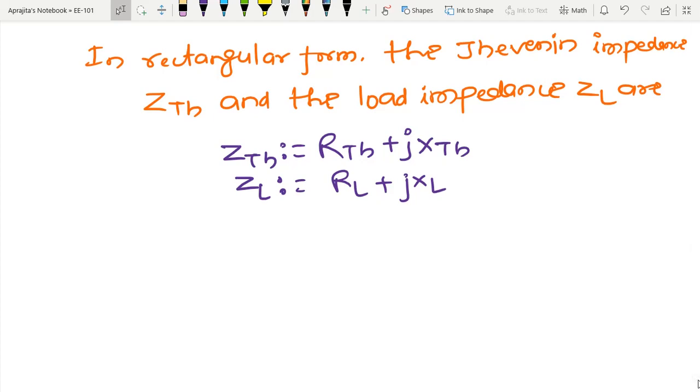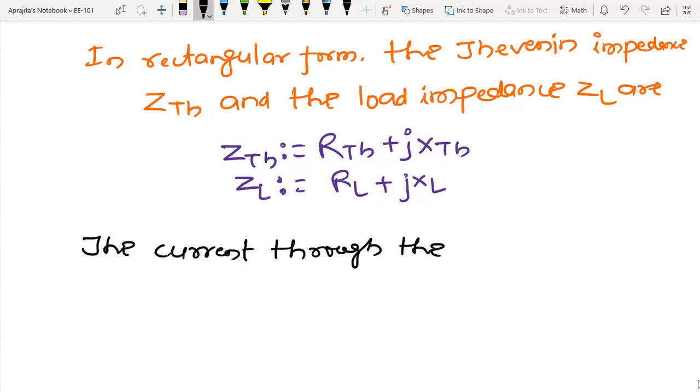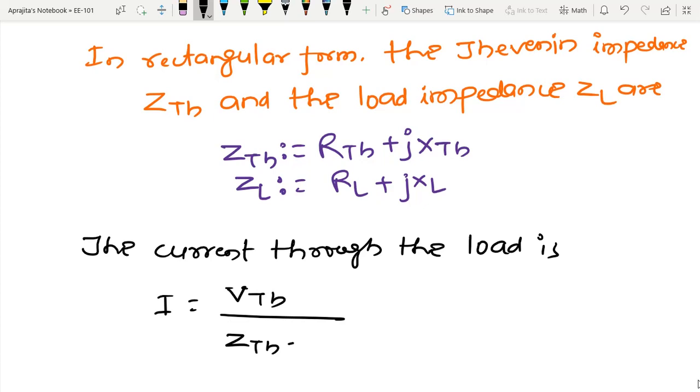So now I can calculate the current through the load, that is I. That is VTH divided by ZTH plus ZL.